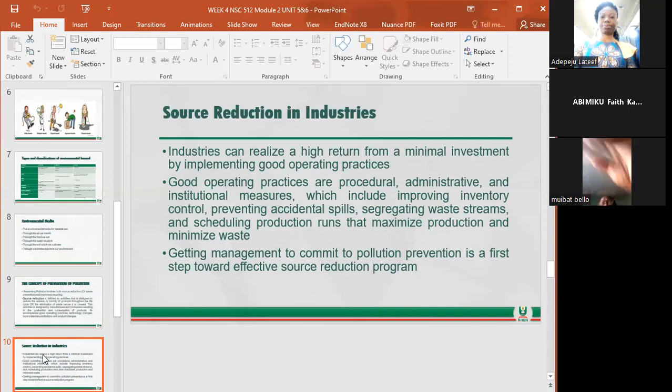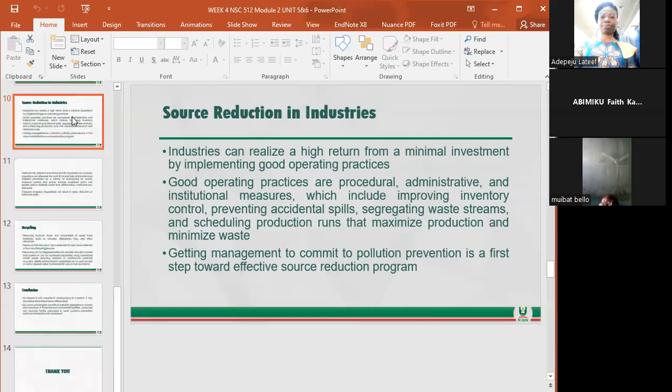Getting management to commit to pollution prevention is a first step toward effective source reduction. So the management in an organization must see their role, must see their need, in prevention of pollution.